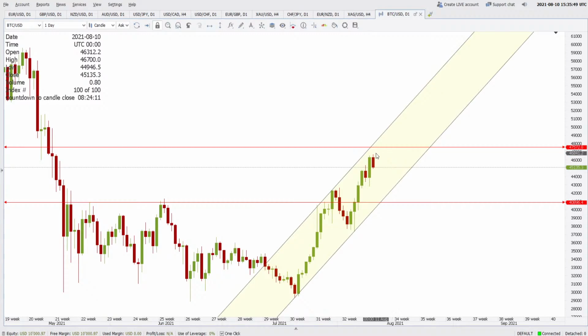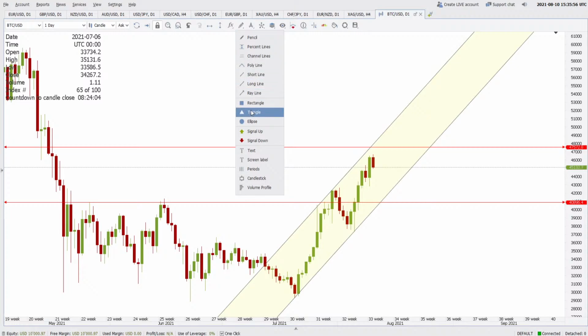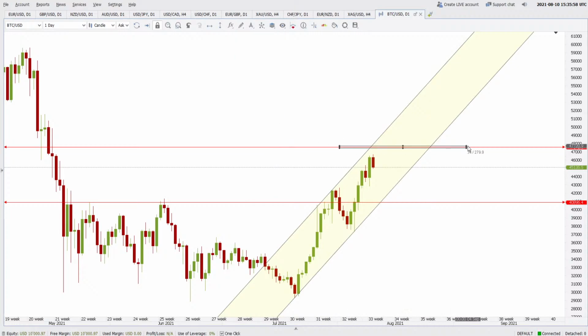So expect some sell off or a huge profit booking at around 47,572 levels, or you can create a rectangle here. Okay, expect some sell off here, and maybe it can even push the prices back to 48.96 to give us another buying opportunity.